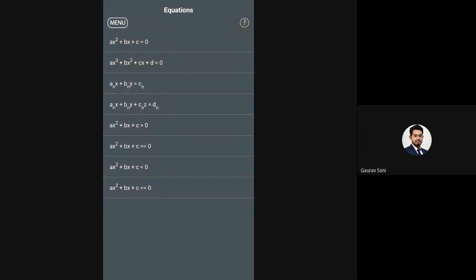Look, in your calc, what you will have to do is you press mode. Once you press mode, you will find the equations. In that equation, you choose the form which is given here. Second form you can see on the screen, ax cube plus bx square plus cx plus d equal to 0. Okay.